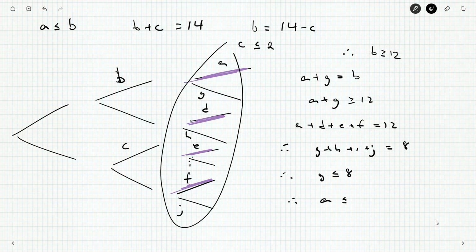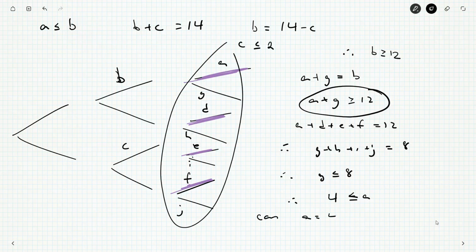Therefore, A is at least 4, because we know A plus G has to be at least 12. Take away 8 from both sides, assuming that G somehow reaches its maximum. A has to then be at least 4. Maybe it can't be. Maybe there's something else that forces A to be at least 6, but here we go. We've got some reasoning.